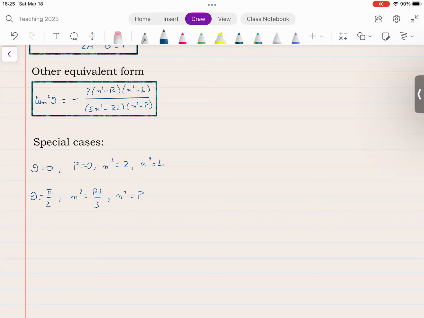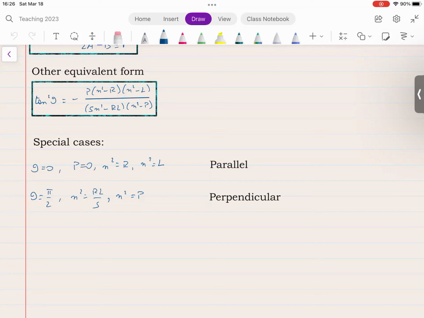And physically, these two cases correspond to the parallel and perpendicular case, where parallel and perpendicular refers to the direction of the magnetic field and the index of refraction or wave number.